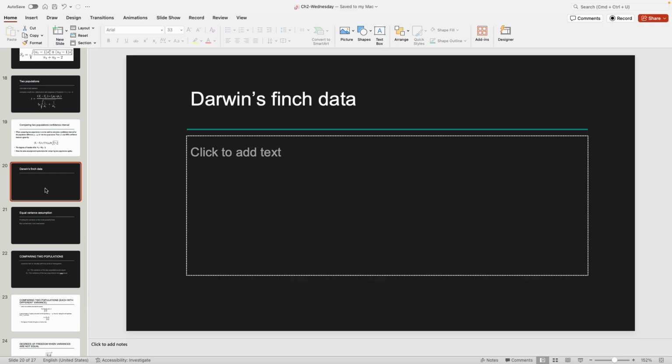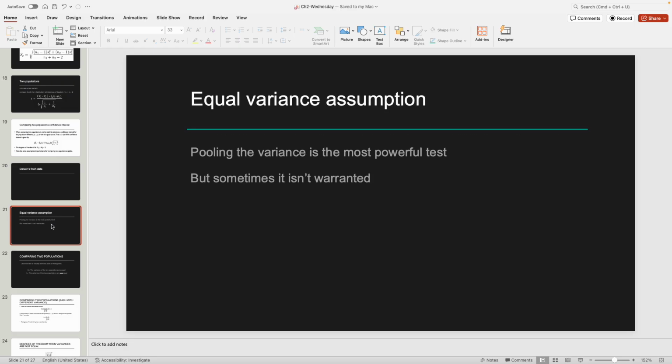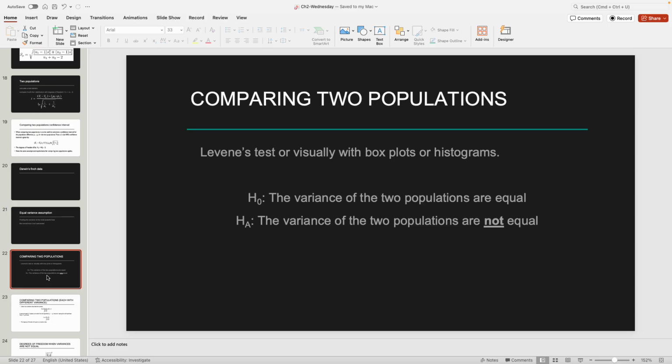In this example, we're going to talk about Darwin's finch data, and we want to know if pooling the variance is the most powerful test. Sometimes it's not warranted, but then you'd be fooling yourself in thinking that you're applying the appropriate statistical test and making the correct decisions. To know if you can pool the variance, there's a test for it.